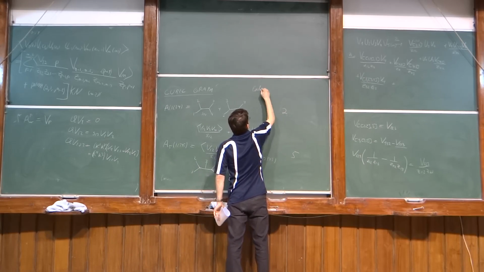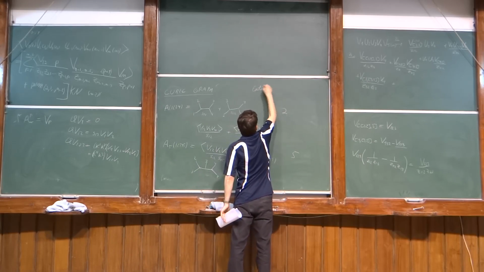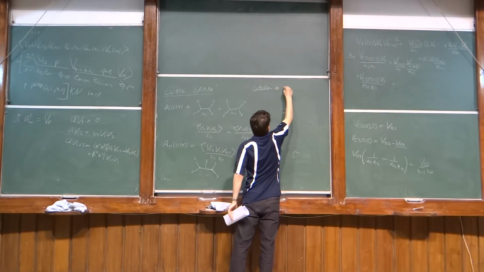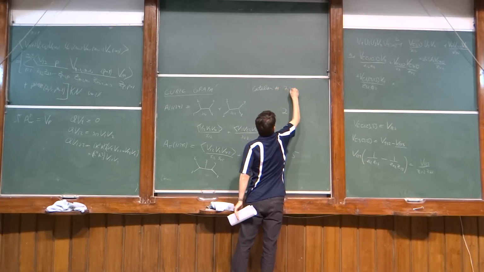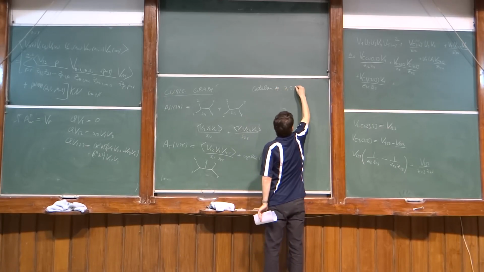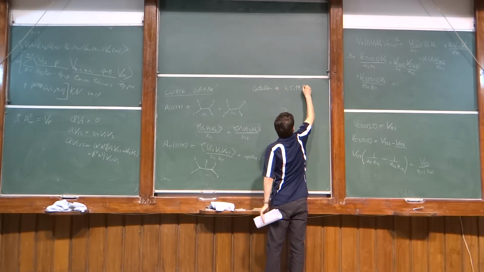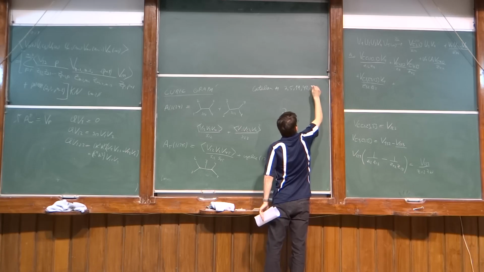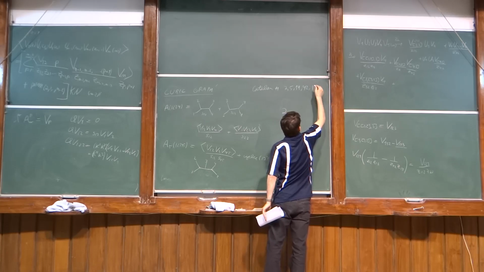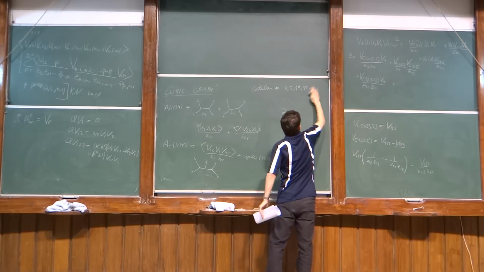Catalan numbers. They start with 2, 5, 14, 42, and then I forgot, it's 132 or something.